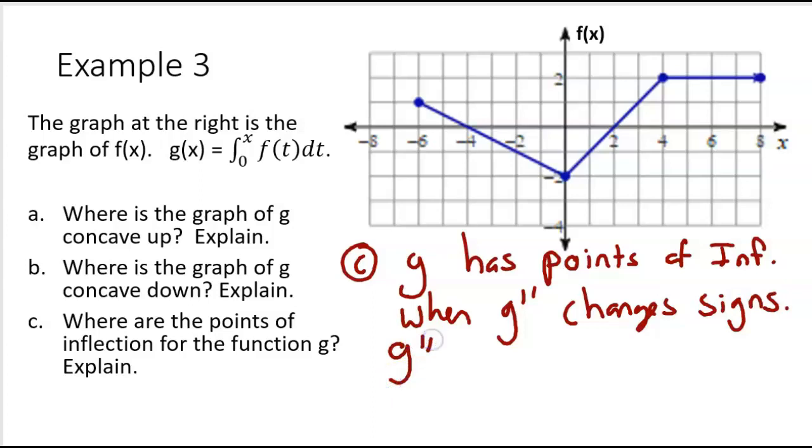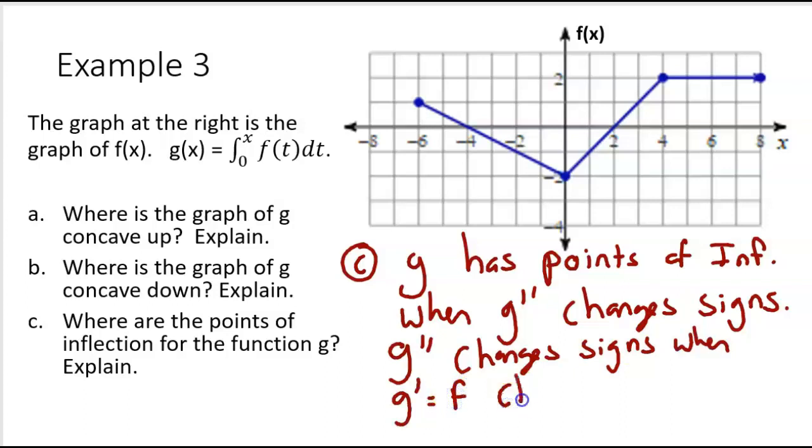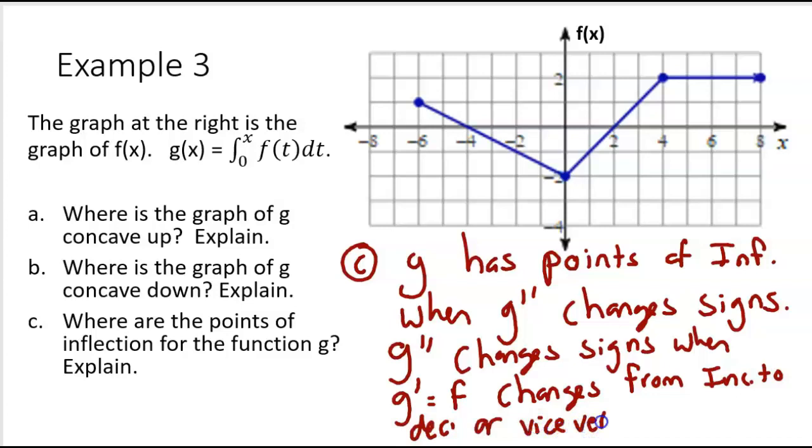G double prime changes signs when g prime, which equals f, changes from increasing to decreasing, or vice versa. You don't have to say both, you can just say vice versa.